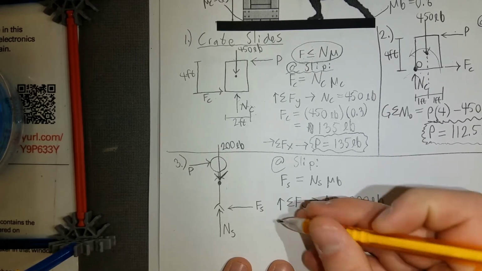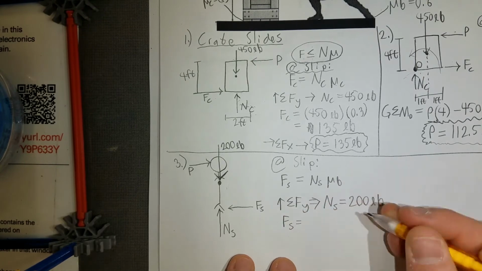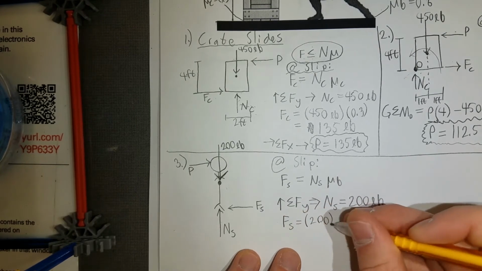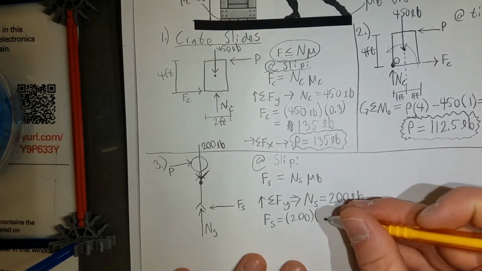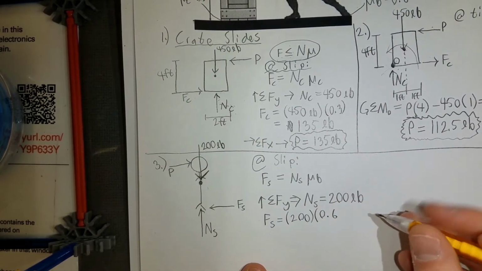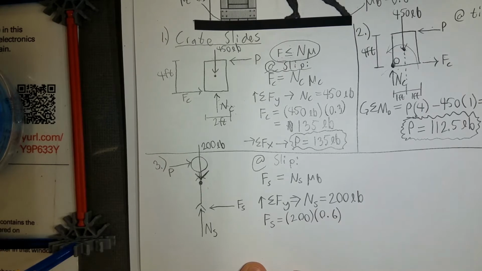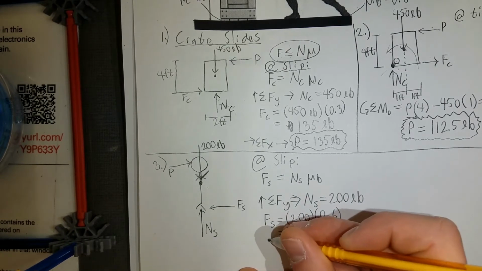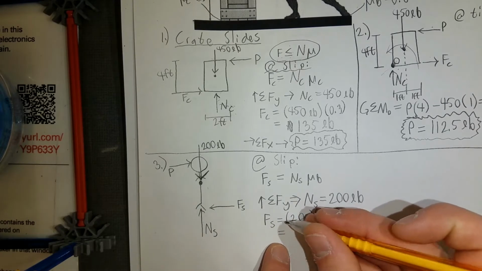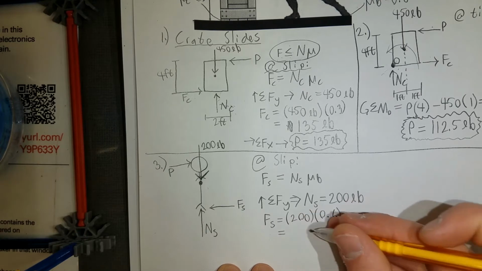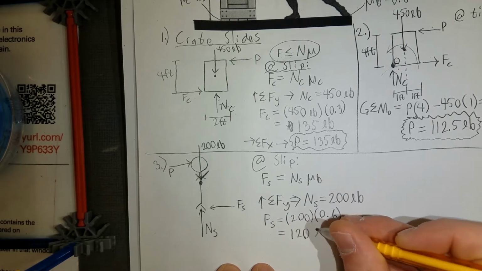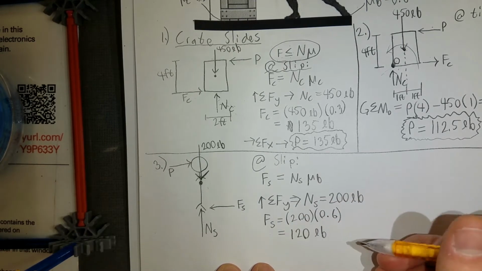And then using this, Fs is going to be equal to 200 times, and they gave us mu b as 0.6. Using this, we're going to calculate Fs is equal to, let's see here, should be 120 pounds.